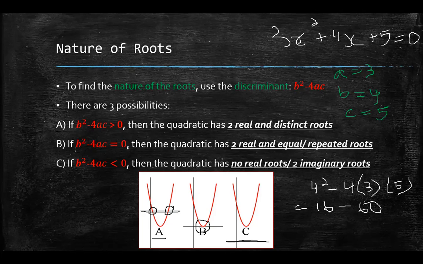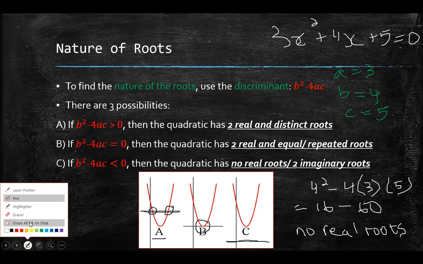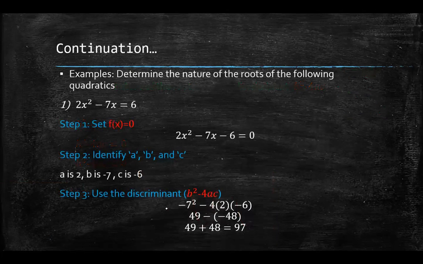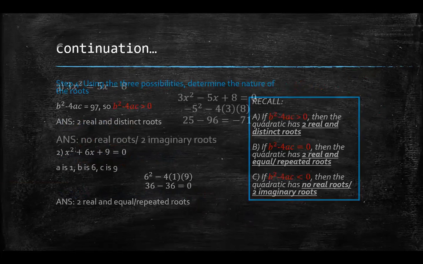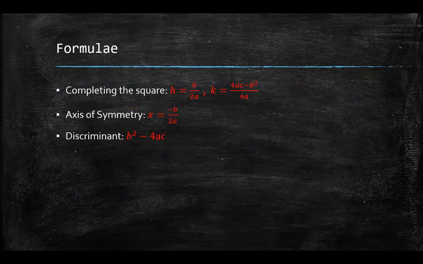So we could tell that this answer would obviously be less than 0. So my answer for this case would be no real roots or two imaginary roots. That's if they ask me to find the nature of the roots. Everybody understands that, right? Yes, miss. And these are examples that we did. And this is all the formula that you need.